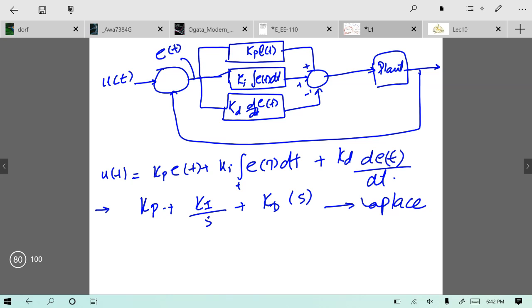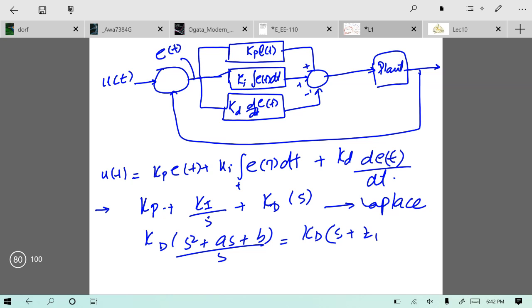Just after rearranging, I can have Kd into S square plus As plus B over S, which is equal to Kd into Z1 plus Z2 divided by S; obviously the values will change, so I am just writing Z1 and Z2.